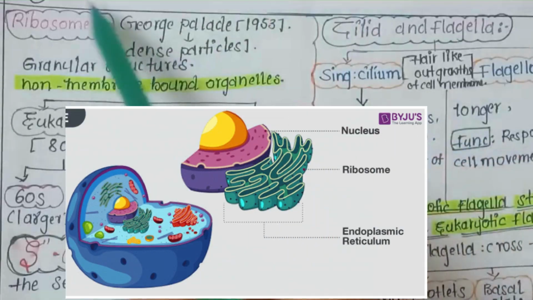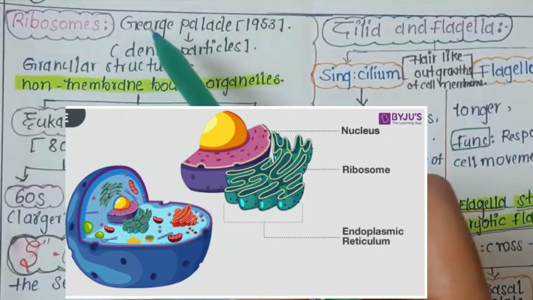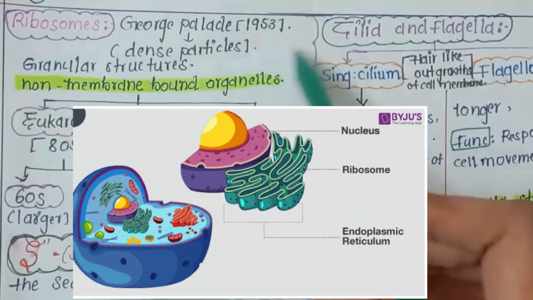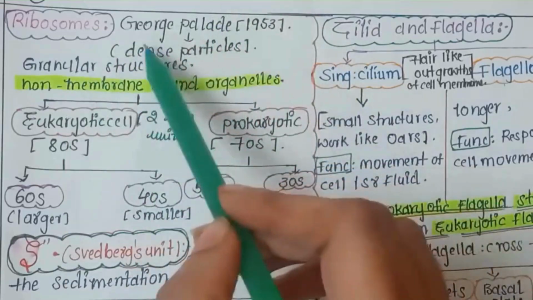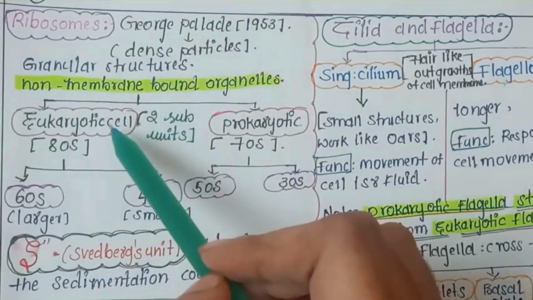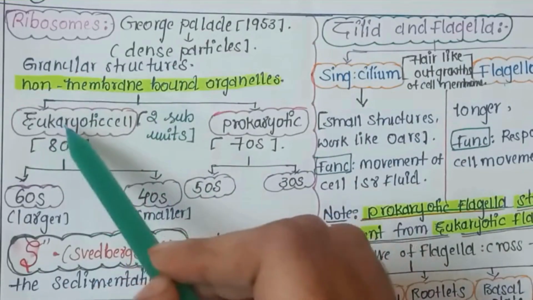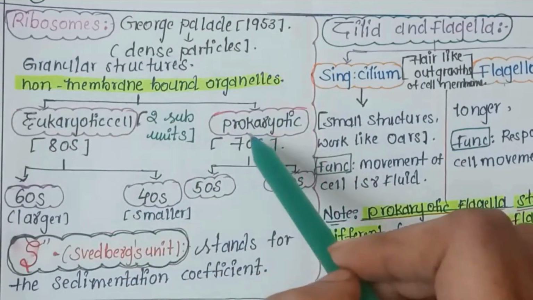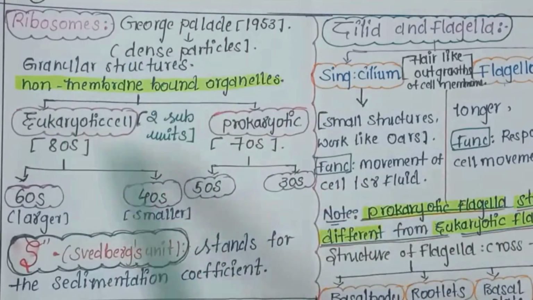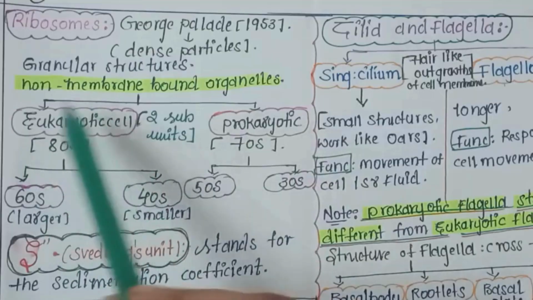Let's discuss ribosomes. These were observed by George Palade in 1953 as dense particles. These are non-membrane bound organelles which are present in both prokaryotic and eukaryotic cells as 70S and 80S ribosomes.